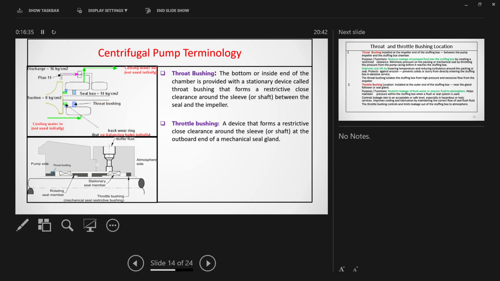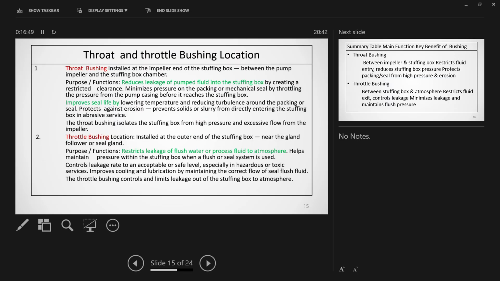The throat bushing we use on the discharge side of the pump impeller, and it is mounted on the stuffing box, so that only a very small quantity of fluid, maybe corrosive or abrasive, will go inside the stuffing box where the mechanical seal or gland packing is used. Its pressure is also to be maintained low. That's why throat bushings are used.